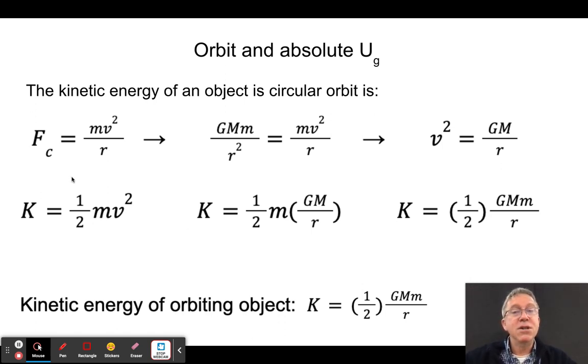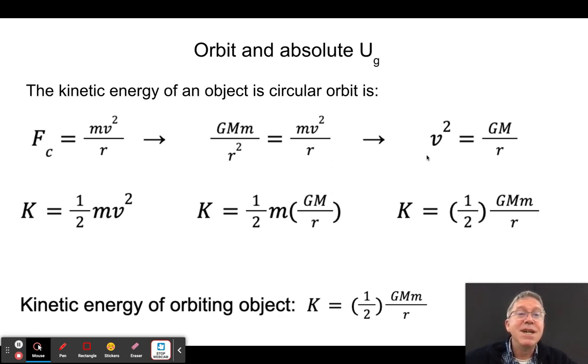Let's find the kinetic energy of an object in circular orbit. It's got centripetal force, so we get this equation. And we're going to substitute gravitational force for centripetal force, because that's what's causing the centripetal force. We've done this a million times. We're just going to go like we've done before, like we're solving for orbital speed, but we're going to stop when we get to v squared equals GM over r. And here's why: because I want to find the kinetic energy.